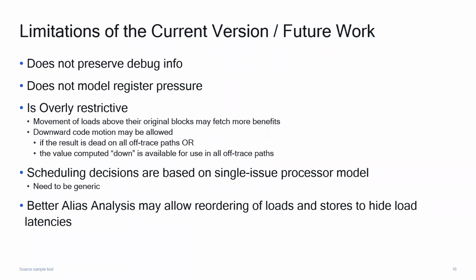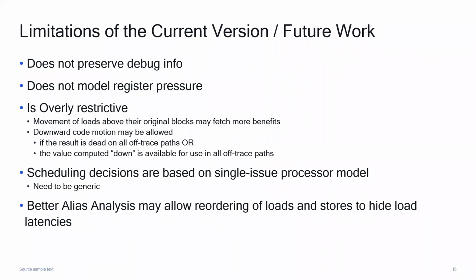And thirdly, the scheduling decisions are based on a single issue processor model. It's very straightforward to extend it to multi-issue processors, because we can leverage LLVM's hazard recognizer class that will be implemented by the targets.